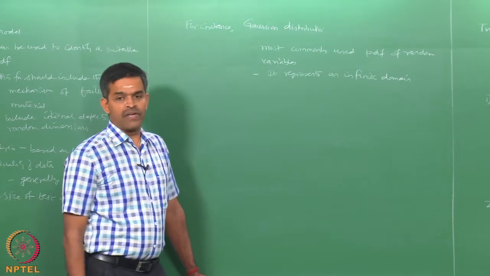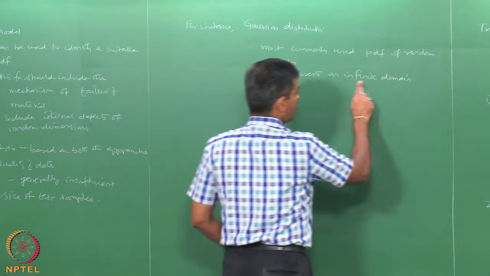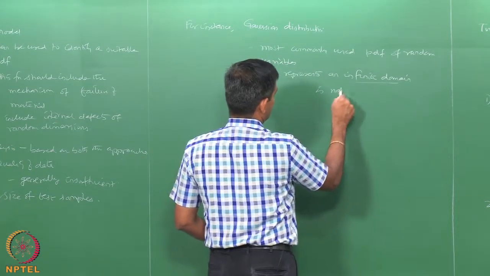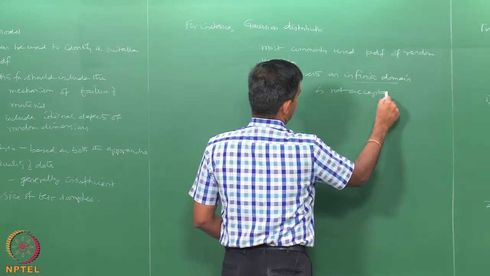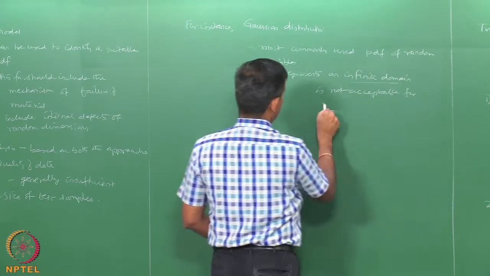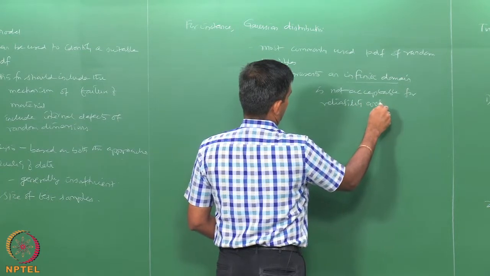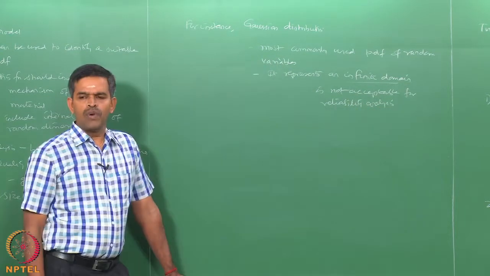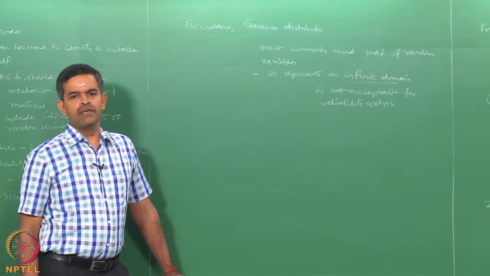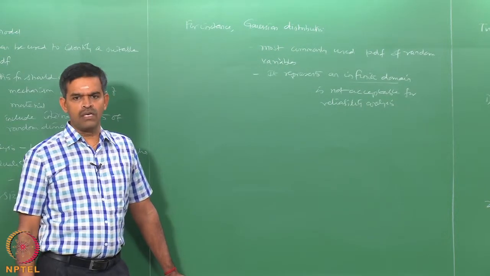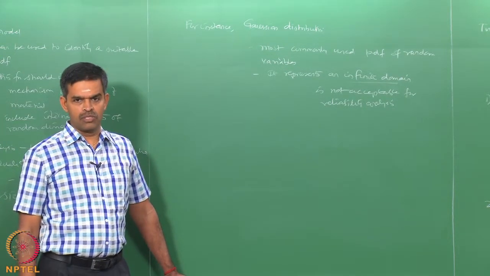Now, this is a major defect. An infinite domain is not acceptable for reliability analysis. However, if truncations are made, then Gaussian distribution is certainly a very well adapted distribution. Okay.